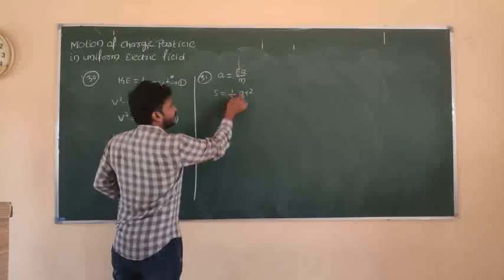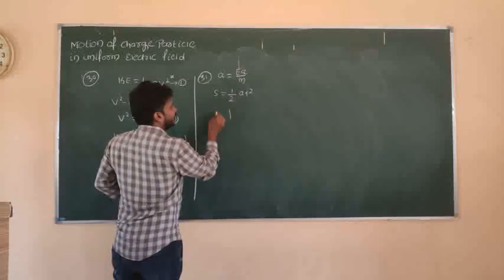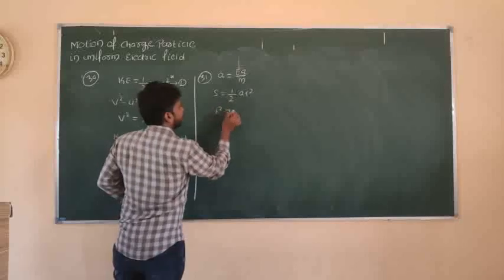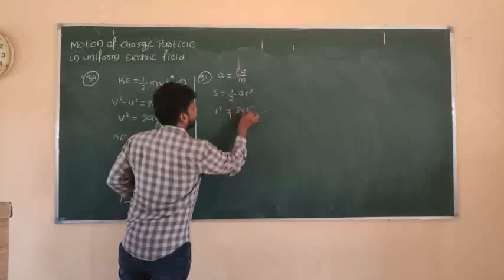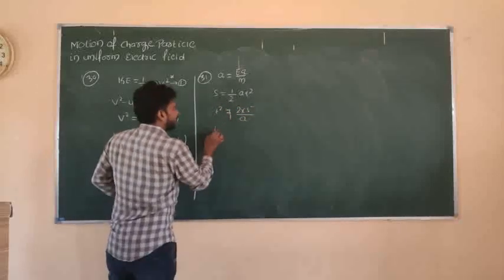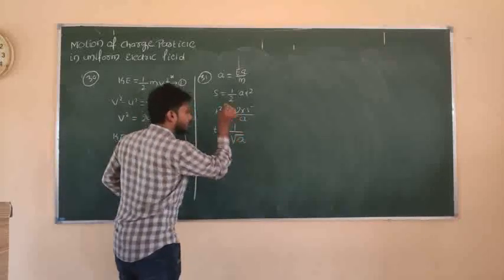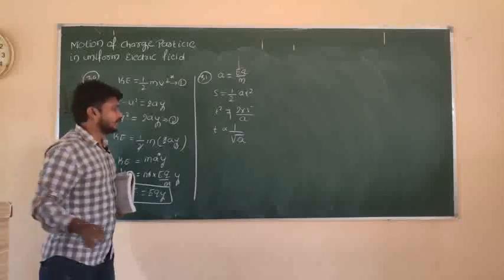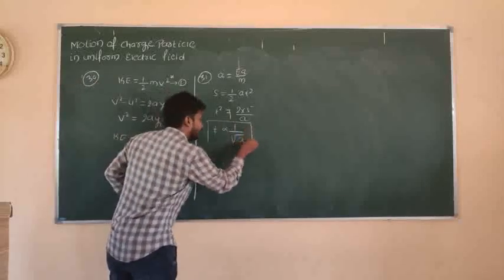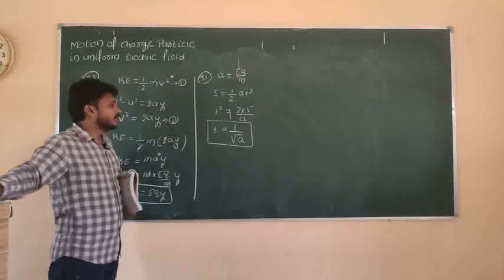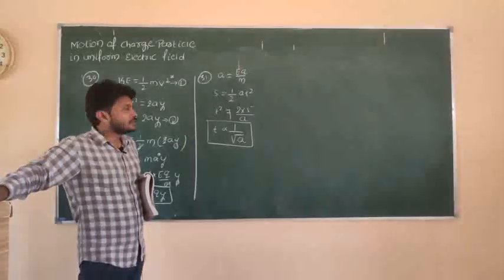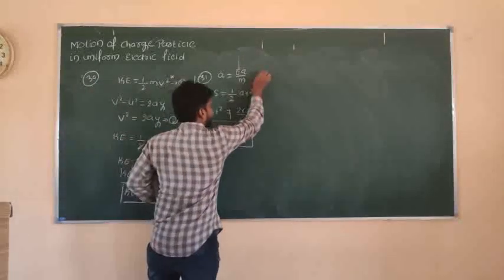So the relation for time of flight: T square is equal to 2 times S divided by A. So T is inversely proportional to the square root of acceleration. What is the relation for time and acceleration here? T is inversely proportional to the square root of A.